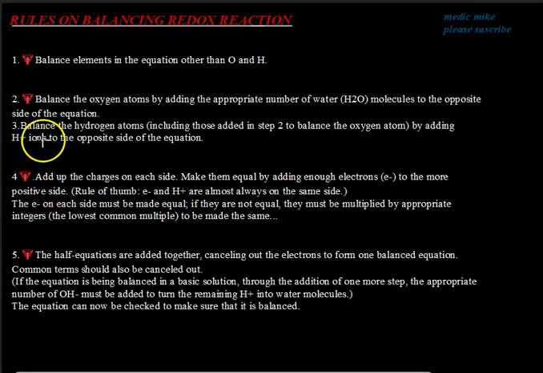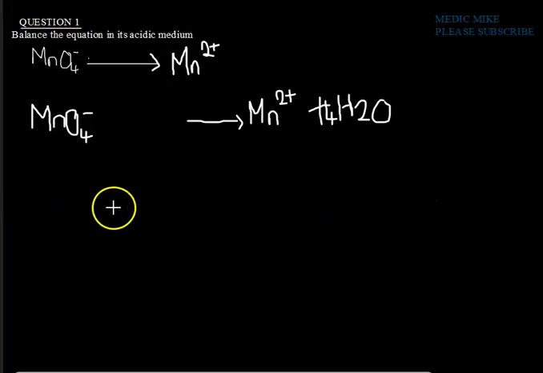According to rule 3, we should balance the hydrogen atoms in the reaction. Remember, we added water molecules to the product side of our reaction, and in that case we were adding hydrogen atoms to the product side while there was no hydrogen atom on the reactant side.